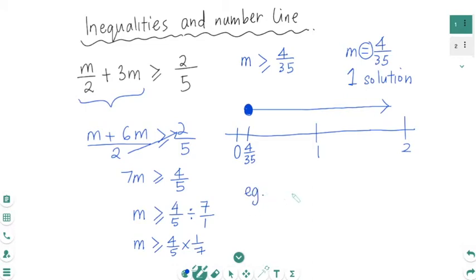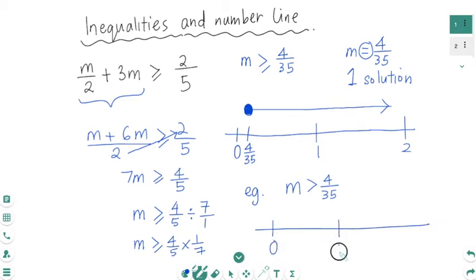Now what happens if there's no equal sign? Just another example, if in another situation the sign is like this, there's no additional line here. Which means m must be more than 4 over 35. It cannot be equal to 4 over 35.